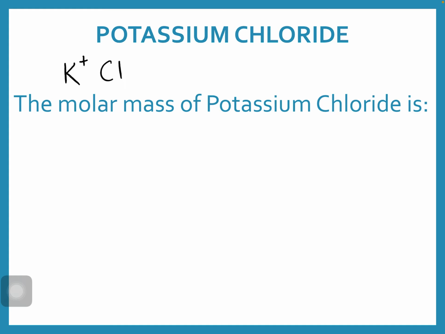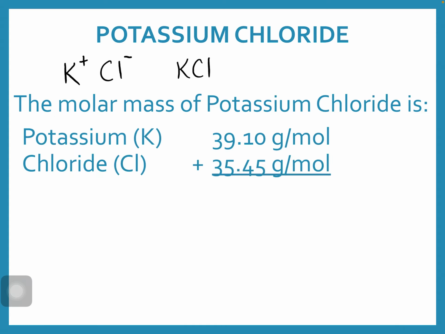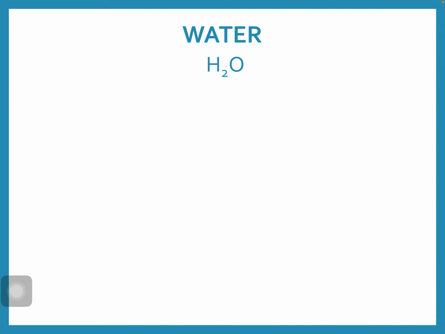Chlorine is group 7, so it needs one more electron, 1 minus, 1-to-1 ratio, so KCl is the formula for potassium chloride. So the molar mass is potassium, which is 39.10 grams per mole. Chlorine is 35.45 grams per mole. And so for potassium chloride, add those two up. So the molar mass of potassium chloride is 74.55 grams per mole.